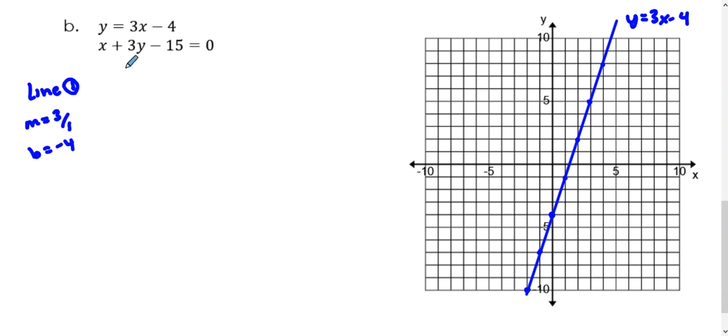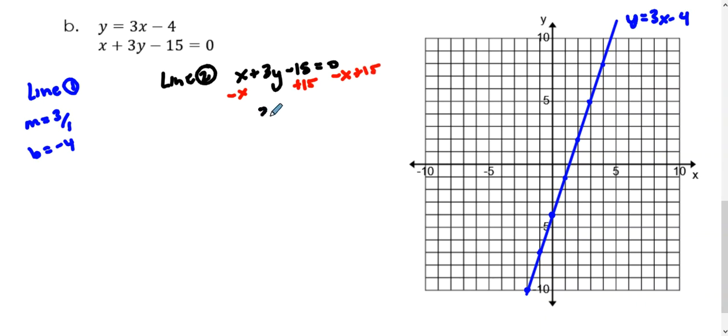So we're going to take a look at this guy, and we could sketch this in terms of x-intercept, y-intercept stuff. I'm not a big fan of that, just because sometimes it doesn't work out nicely, especially with the actual y-intercept. But if I change this form, subtract x, add 15 to both sides.